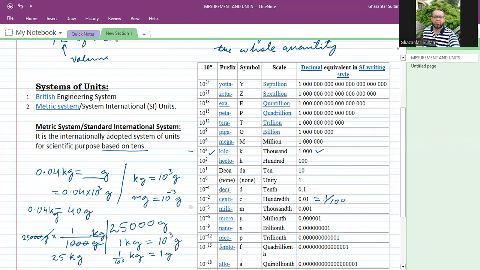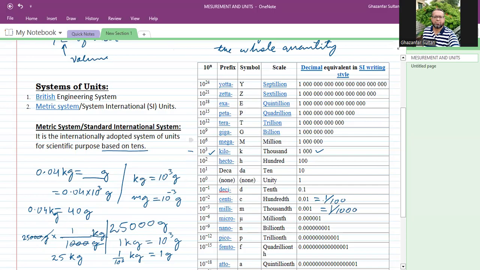Similarly, milli, that I have already told you here, milli is thousandth. Remember the difference between the word thousand and thousandth: if you add th, it becomes the reciprocal of 1,000. So it is 1 upon 1,000.